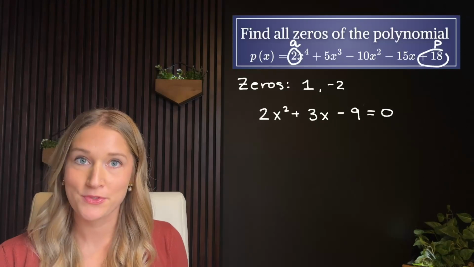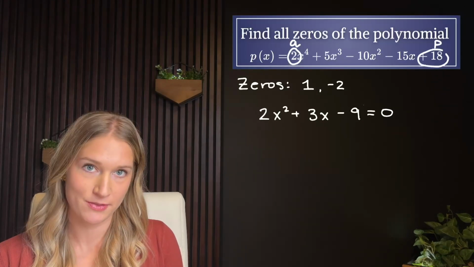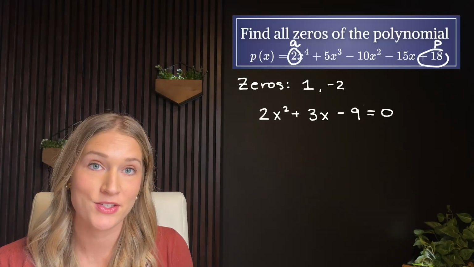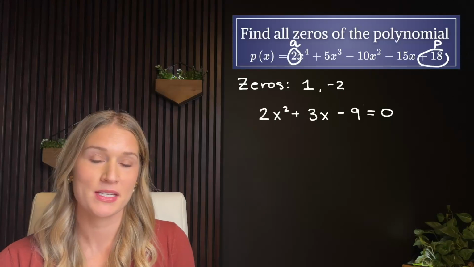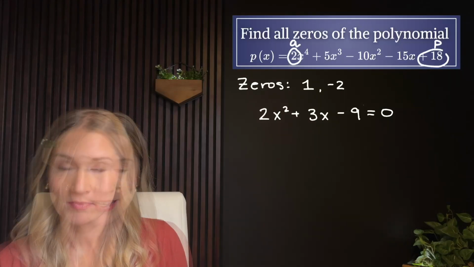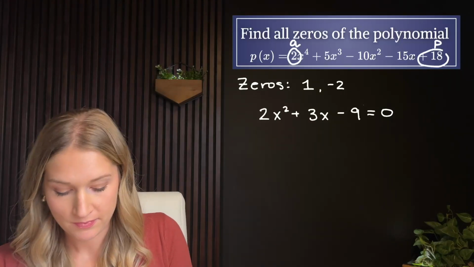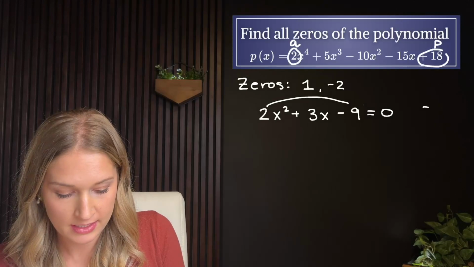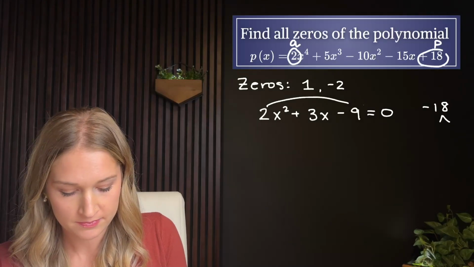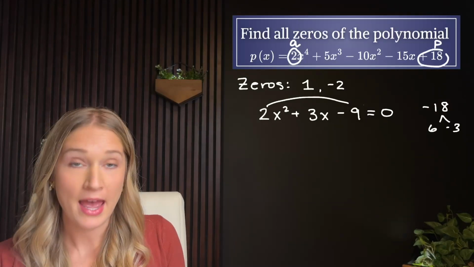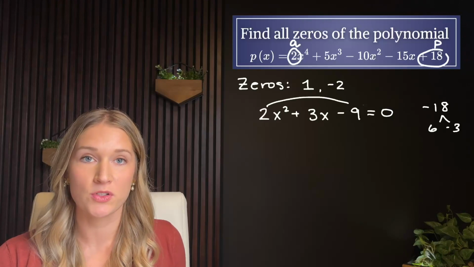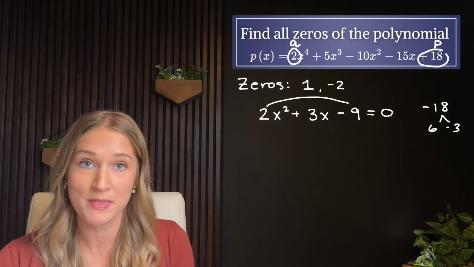Okay, so we found 2 of our 4 zeros, and I'm looking for the last 2. So I'm going to find them by solving this remaining quadratic. We can try factoring first. If I multiply, I get negative 18. And 6 and negative 3 do multiply to give me that linear term, which means that I can factor this.